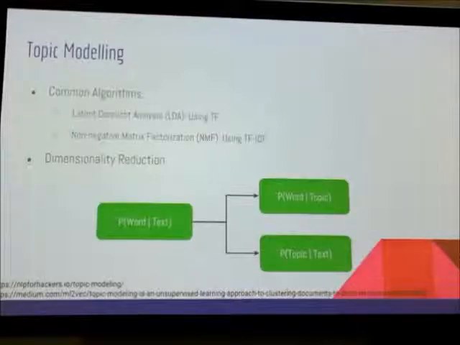I simplified it and represented it here using three types of probabilities. We can treat TF and TF-IDF as the probability of each word in different documents. And we're trying to break this probability into two probabilities.